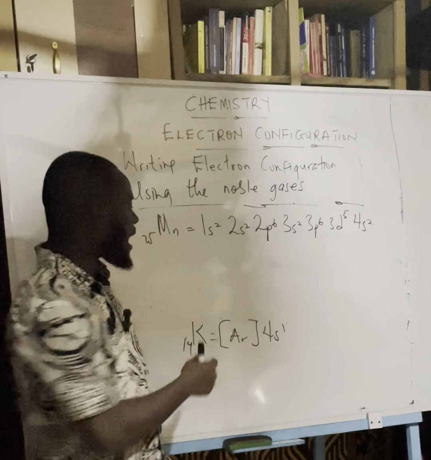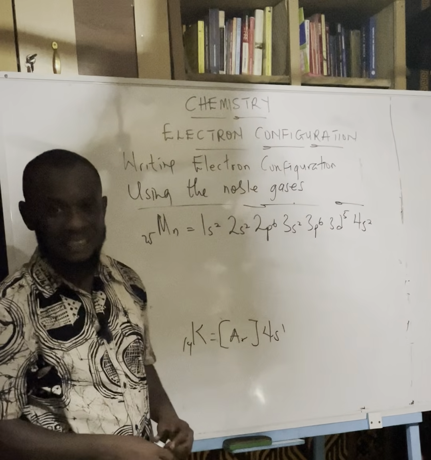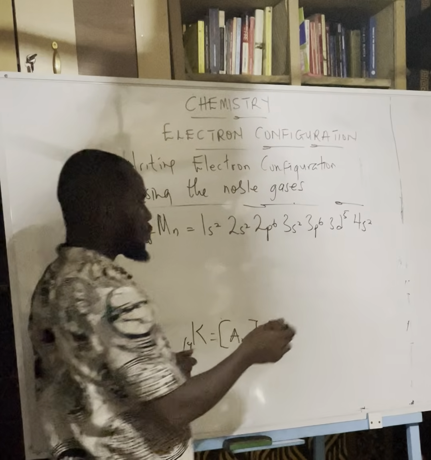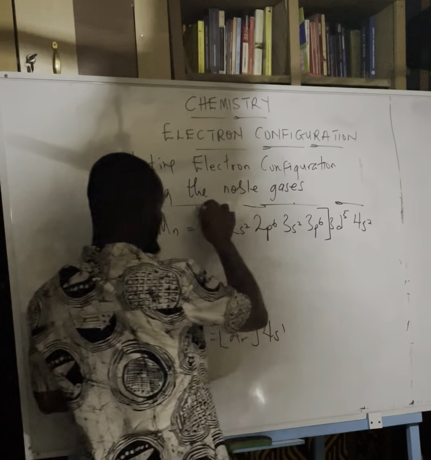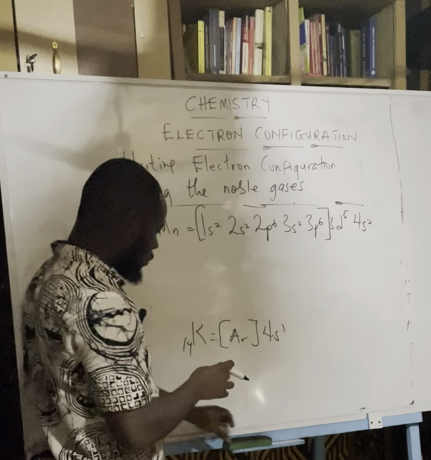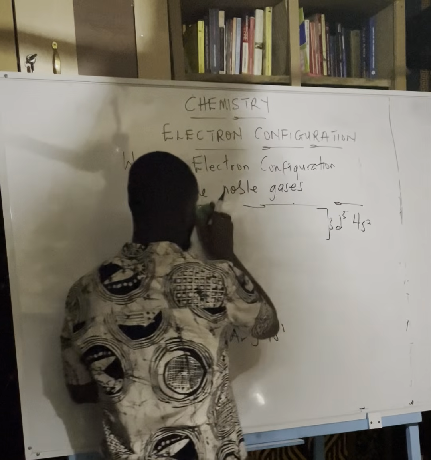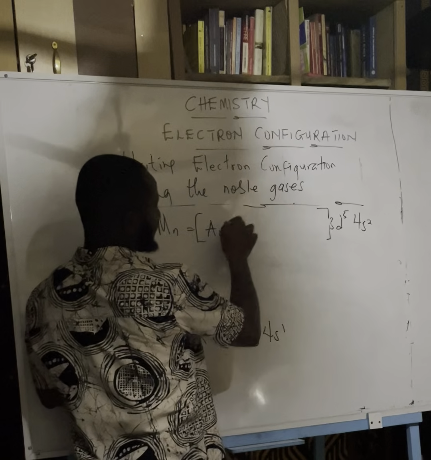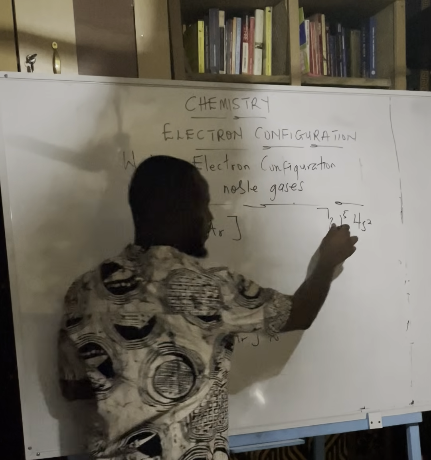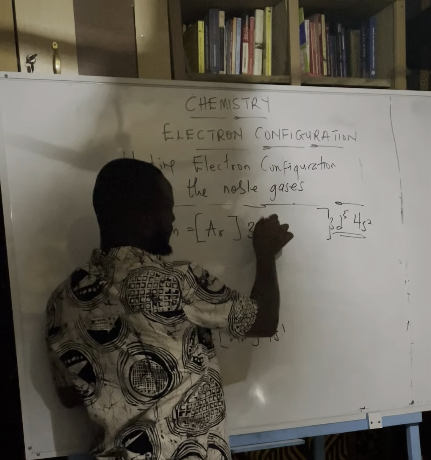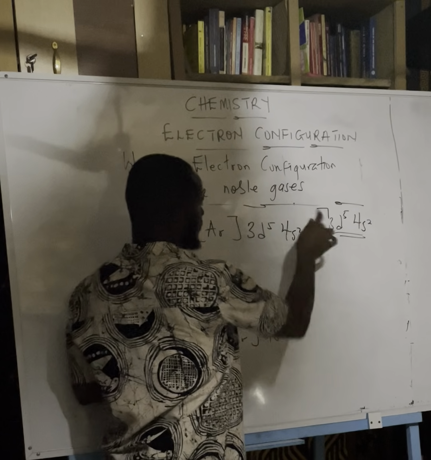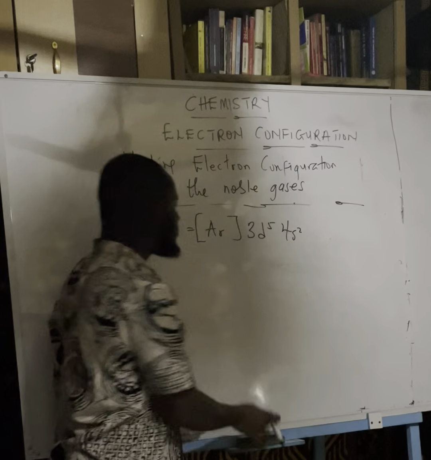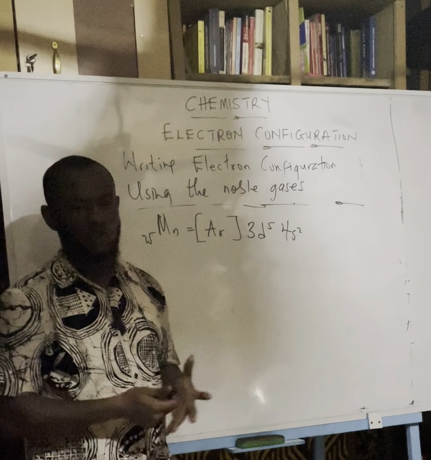So which noble gas is closer to manganese? The noble gas closer to manganese is argon. So argon is represented by this. So we are going to remove this, then write the electron configuration of argon plus the remainder, that is 3d5 4s2. And that is how we write electron configuration using the noble gas.